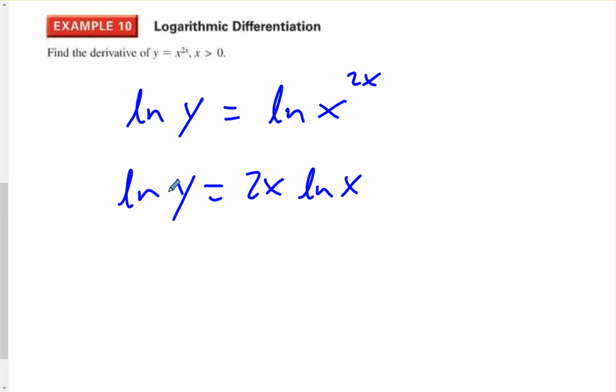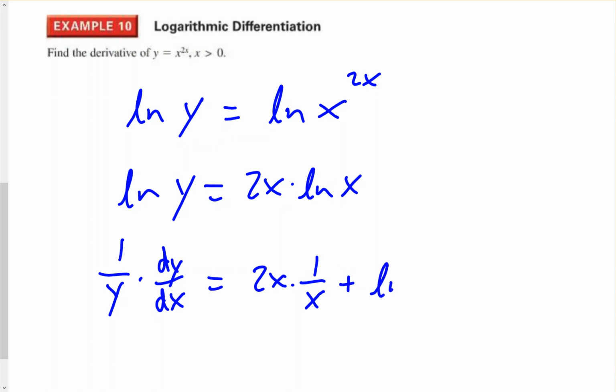Okay, and now that we have it written like that, we can take the derivative. The derivative of ln y would be 1 over y times dy/dx. And then here, this would be a product rule: 2x times 1 over x plus ln x times 2.